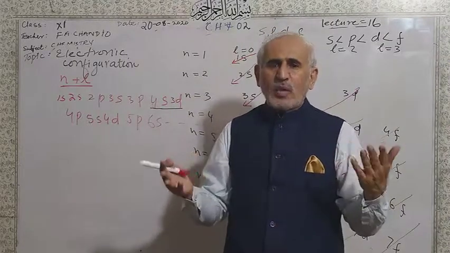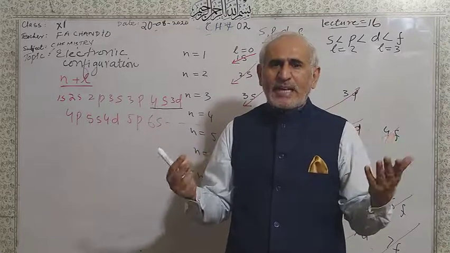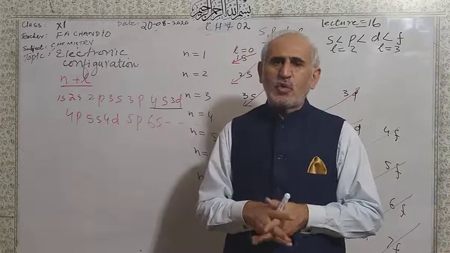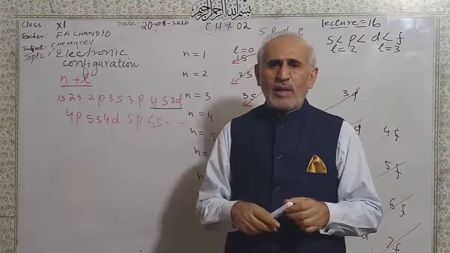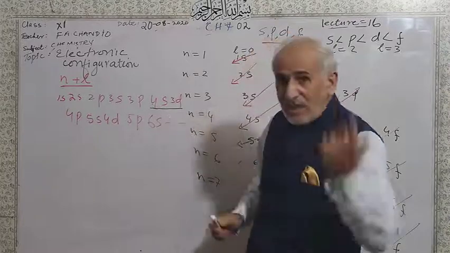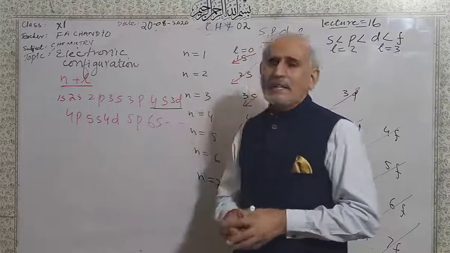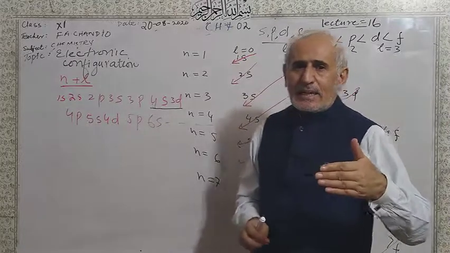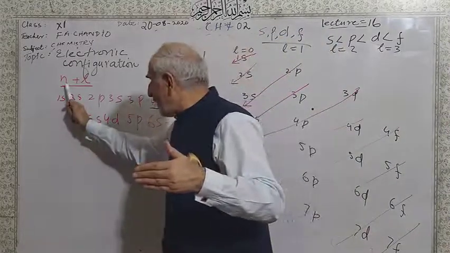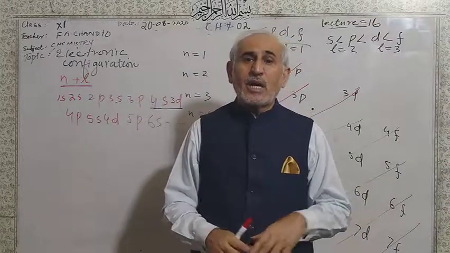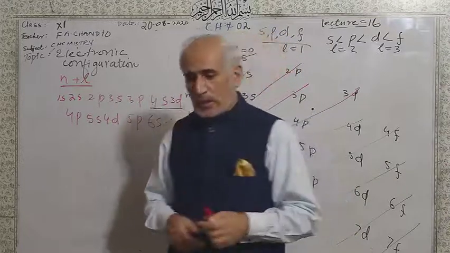But when you are going to arrange the electrons according to modern electronic configuration by using Aufbau principle, you have to first fill 4s, then you have to fill 3d. Because this is the formula, you have to calculate the energy according to Aufbau's principle.